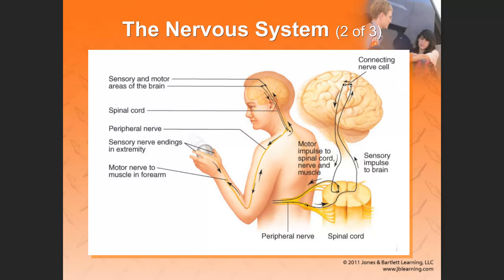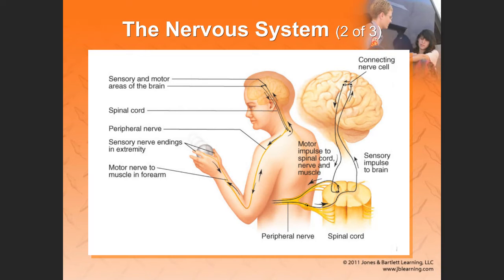So what happens is there are sensory nerves in my fingers which pick up the heat sensation from the hot object and then send that signal to the spinal cord. And when it reaches the spinal cord, it crosses over to what is referred to as connective nerves.